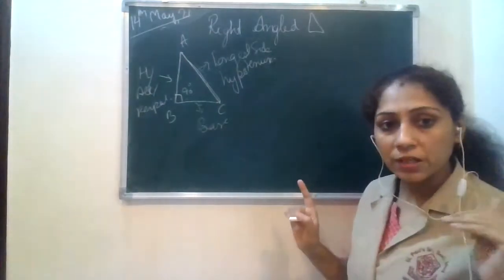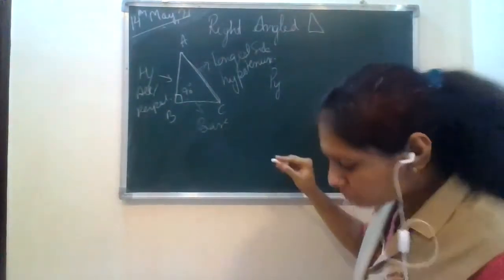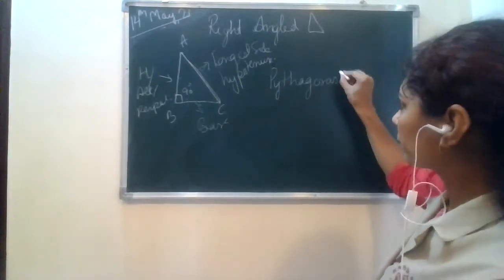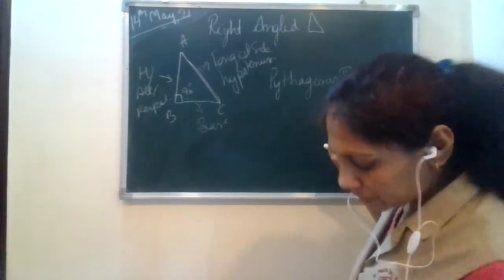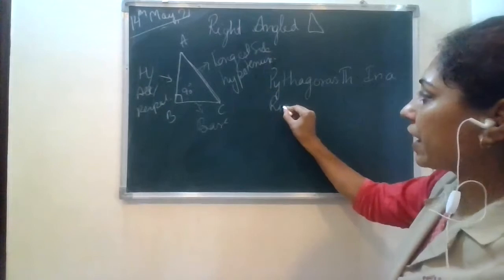Now the last property coming your way is Pythagoras. This is the Pythagoras theorem, in a right angle triangle.